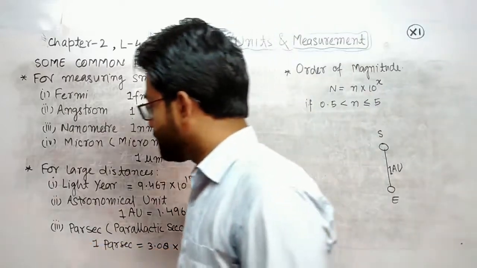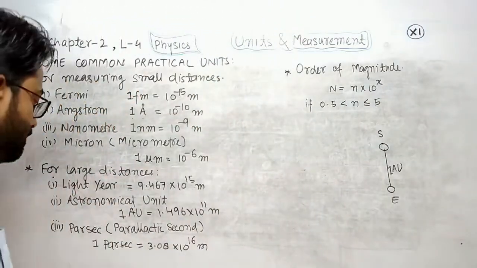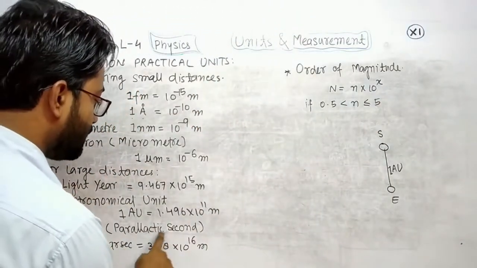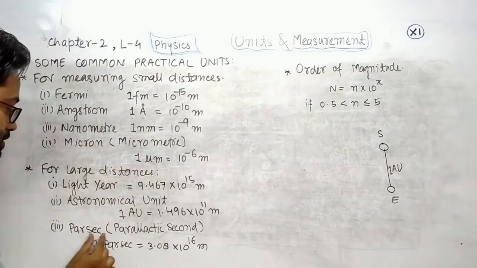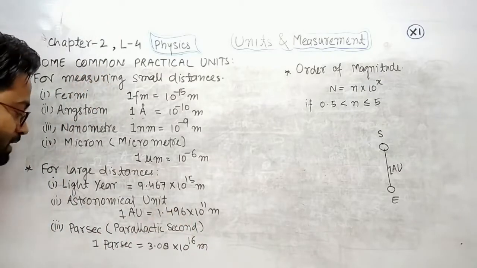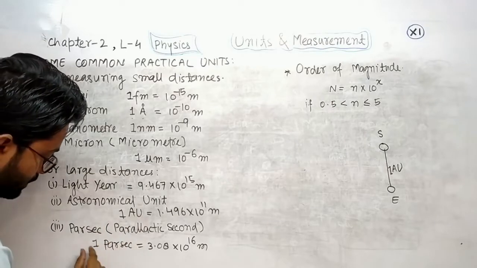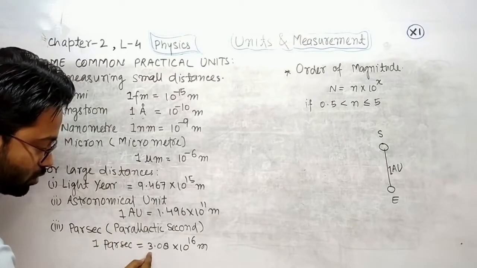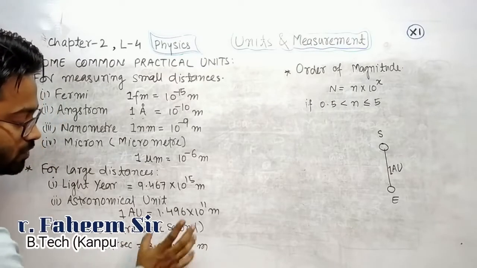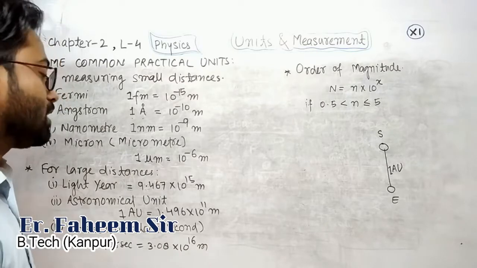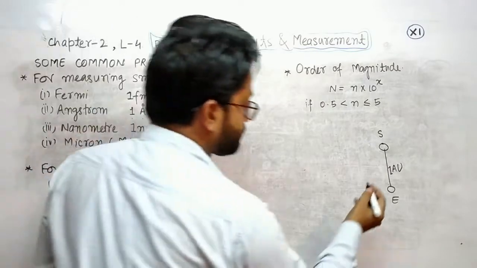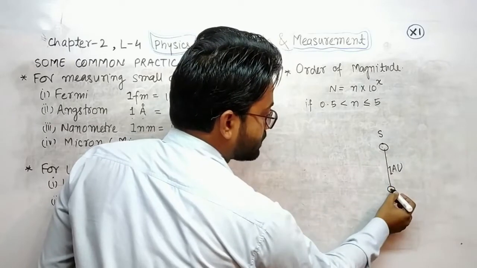Third point is parsec, parallactic second. What is a parallactic second or parsec? 1 parsec is 3.08 into 10 to the power 16 meter. How is it calculated? This is Sun, this is Earth.